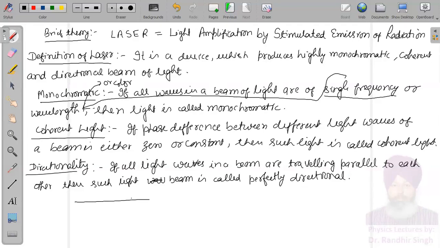So this is the example of perfectly directional. Here theta is 0 degree. This is a perfectly directional light.